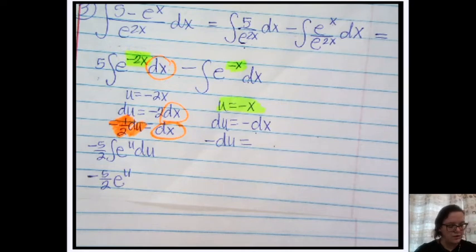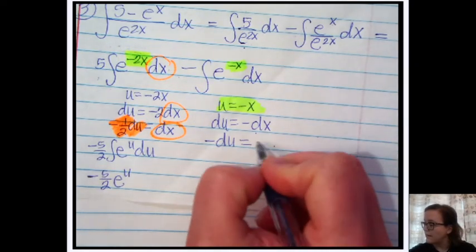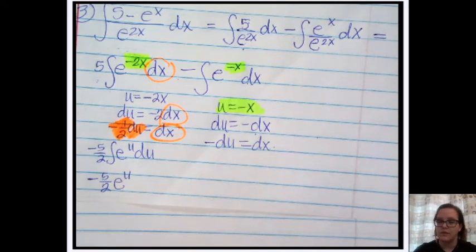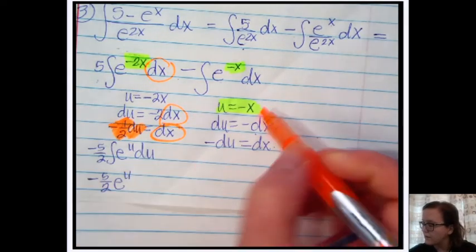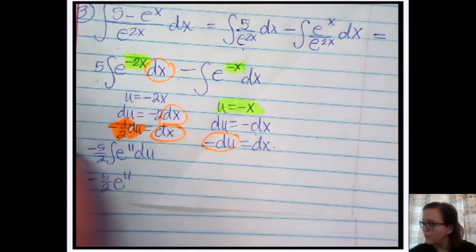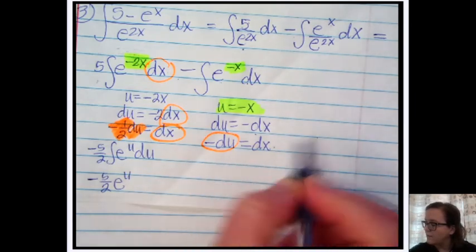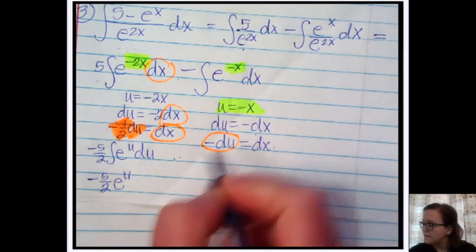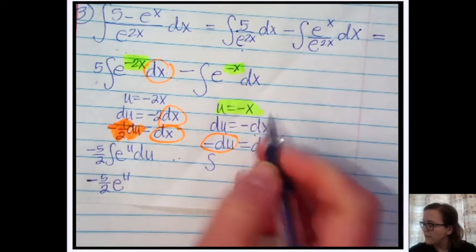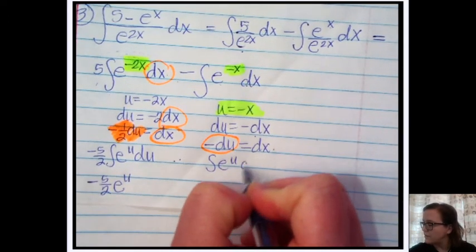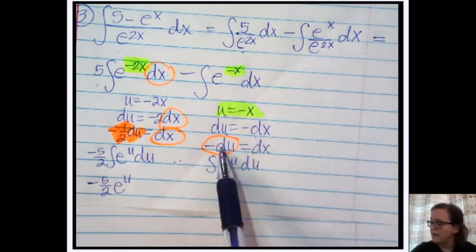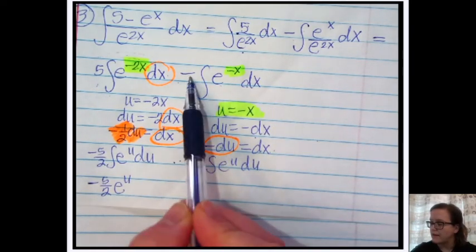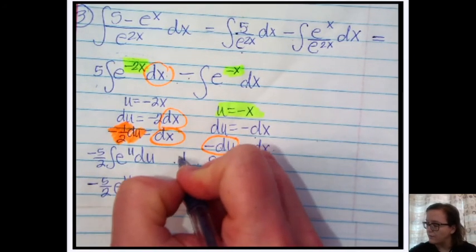Just checking I have my signs right, sorry. So we get negative du equals dx. So here we have a minus e to the u du in this case. And we need a negative out here, but it was already a negative here, so that turns into a plus.